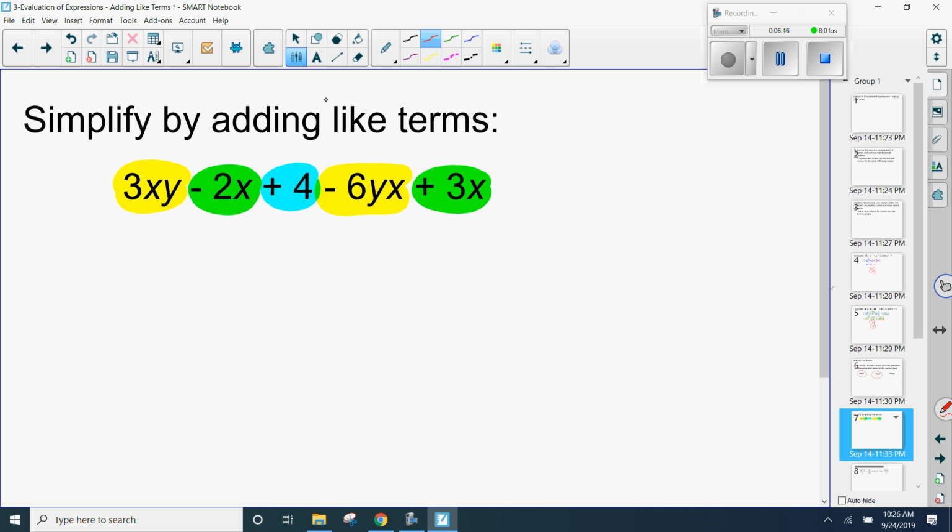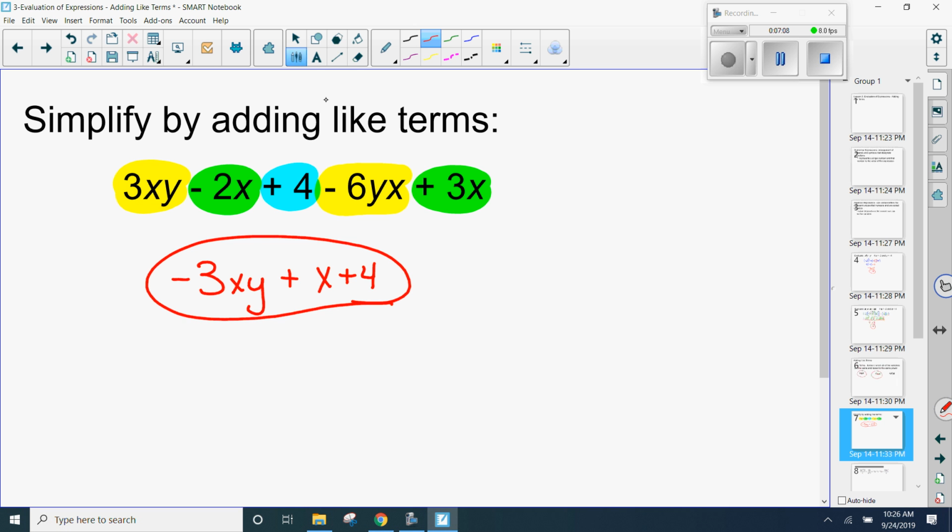So 3xy minus 6xy, or yx, is negative 3xy. What happens when you group the greens together? Positive 1x. Do I have to put the 1 there? No. If I put it there, is it okay? Yes. And then you have plus 4. So simplify by adding like terms, you still end up with the three terms. Do not combine exponents when you are looking at just adding the terms together.